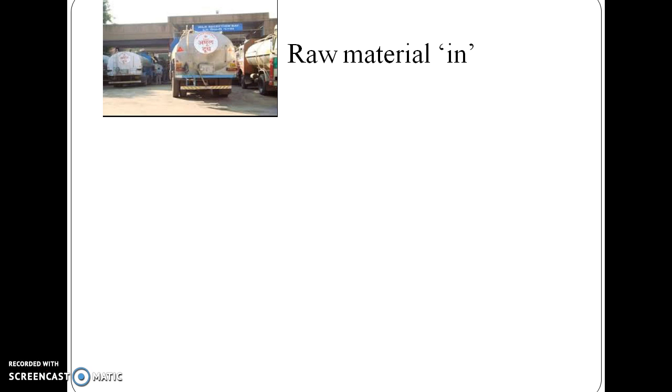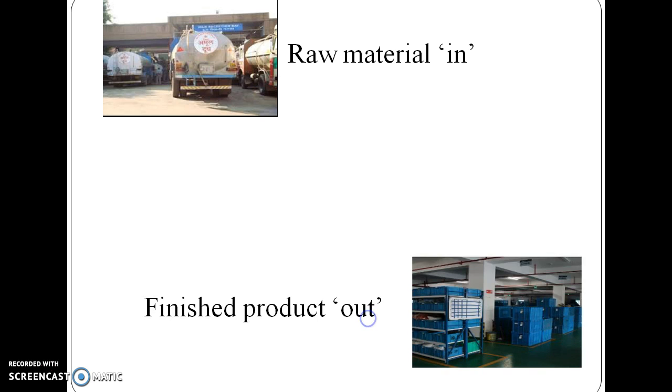They are putting their milk into the industry. So this is the inlet raw material, the milk. And what is the outlet product? That is the packaged milk product that you purchase in the morning. These are the trays or cartons within which the packaged milk is produced.